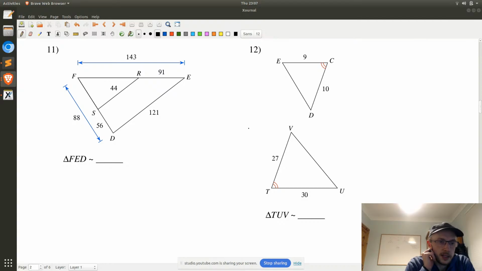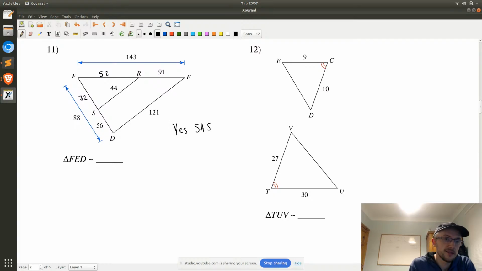Is triangle FED congruent to this one? Let's see. 88, take 56, 32. 143, take 91, 52. Now think, 52 and 91, 13 times table. 13 times 4, 13 times 7. 8 times 4, 8 times 7. So, side angle side.